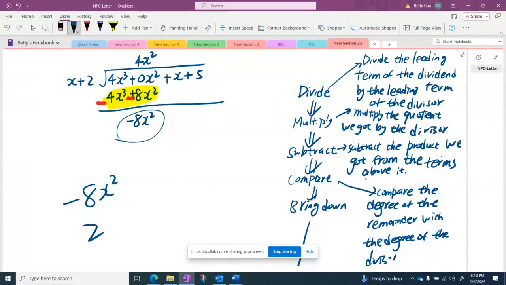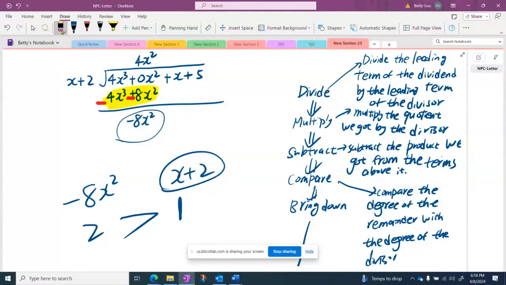The divisor is x plus 2, so the degree of the divisor is 1. Obviously, at this point, the degree of the remainder is not less than the degree of the divisor.